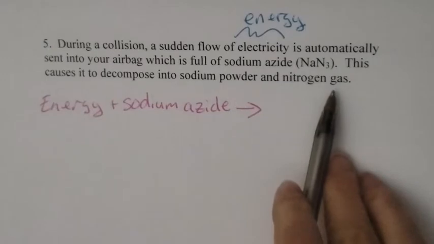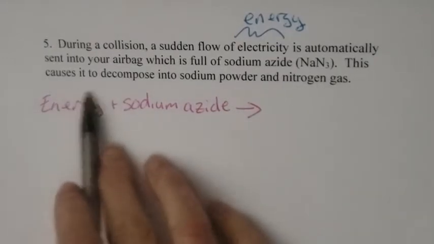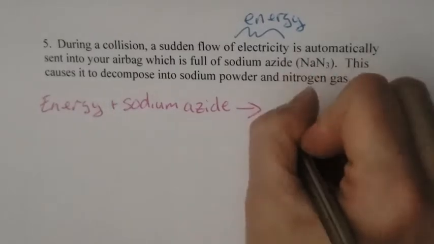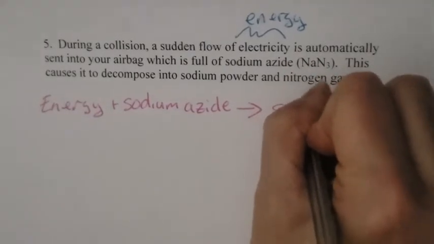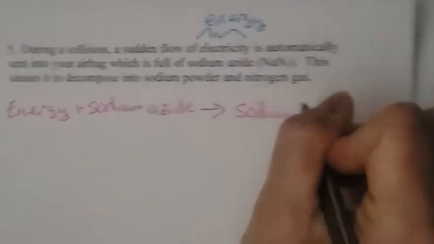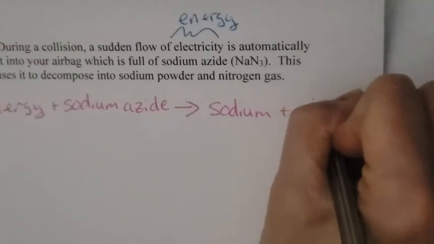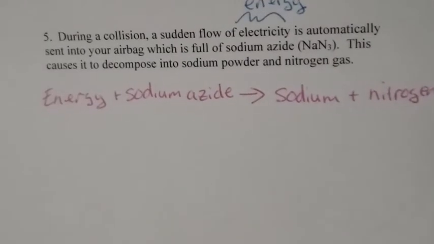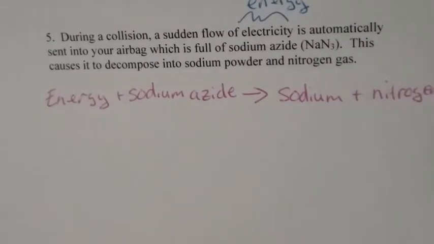And what happens is when they react, I end up with sodium powder and nitrogen gas. All right, so I've written out my word equation. Now I have to write out my formula.